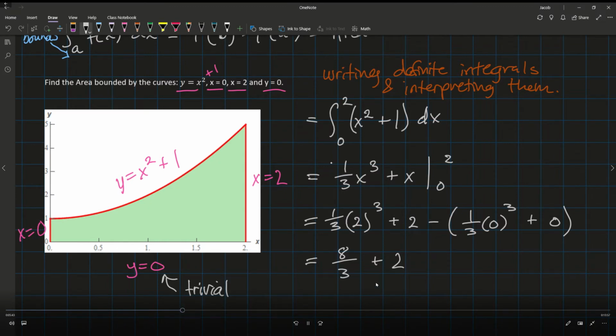But the left evaluated piece is going to be 8/3 plus 2. So this is 6/3. So 6/3 plus 8/3 is 14/3. And I am writing units squared just to re-emphasize here that this is area.